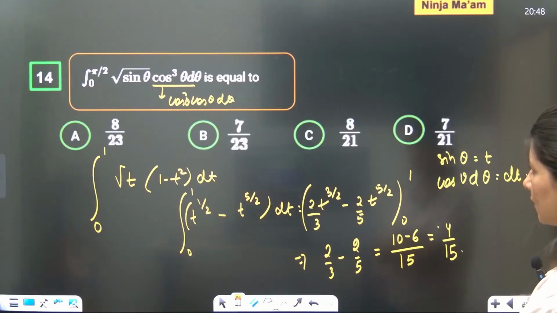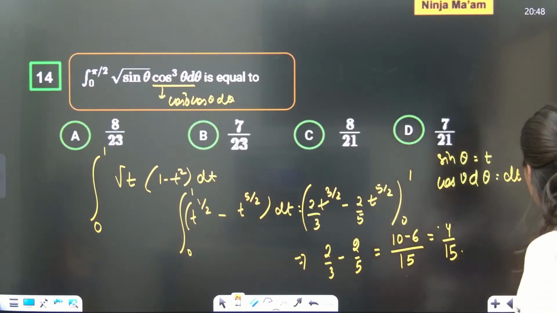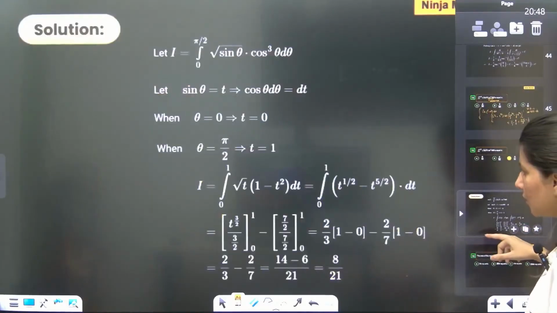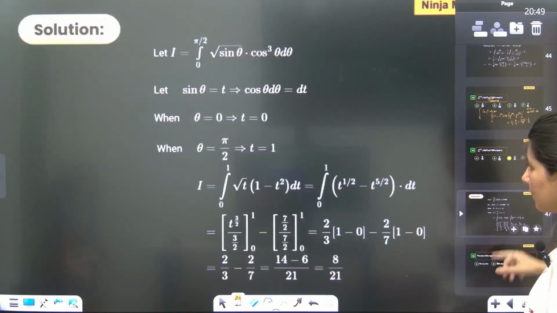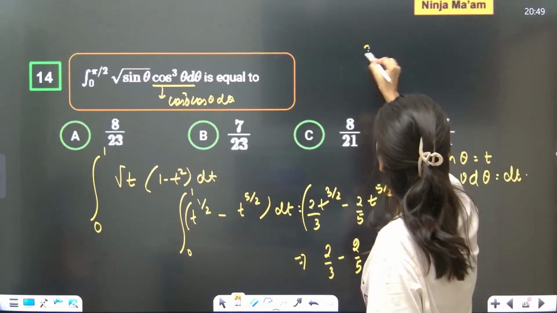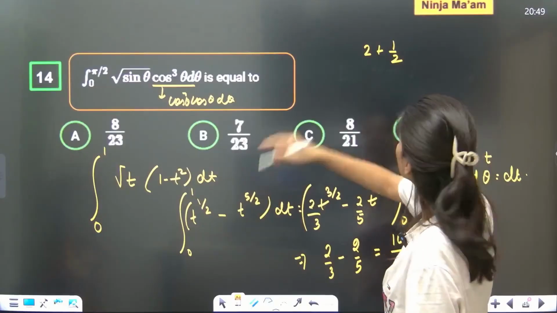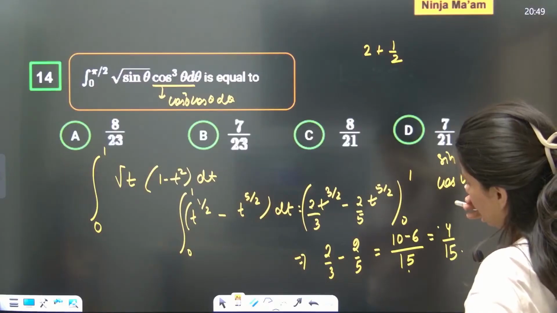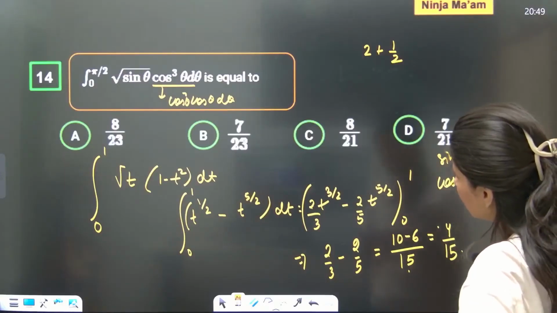Let me check. 1 minus t square. Hold on. 2 plus 1 by 2, 2 2s are 4 plus 1, 5 by 2.